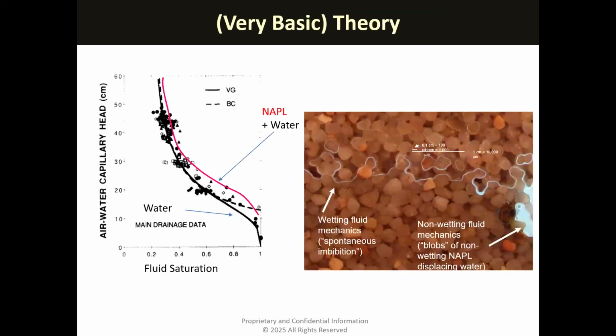Now, when you add another fluid, this additional fluid, which is NAPL, it runs over the water saturation curve, and this is the water plus NAPL saturation curve. In other words, the NAPL is trying to coat the water with this characteristic thickness. Now, one thing to be aware of is that this is a concept of equilibrium.